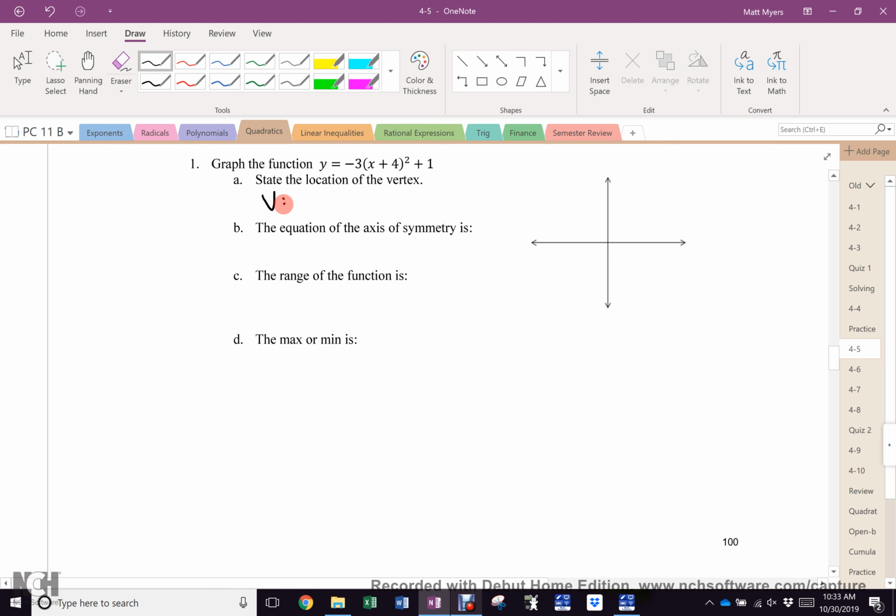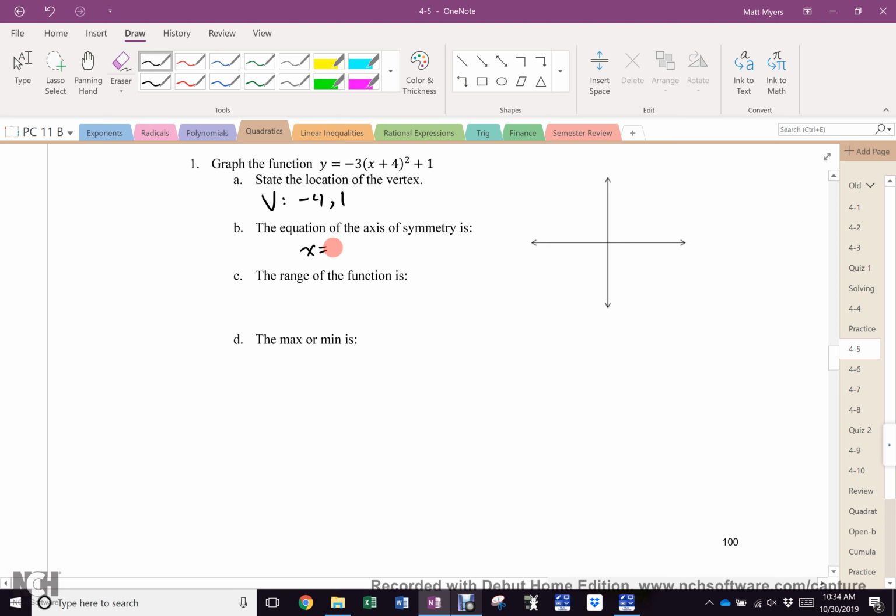What is the vertex? Look again. -4, 1. Right? What is the equation of the axis of symmetry? Where is that line that goes right down the middle? It goes through which? The x or the y of the vertex? It goes through the x.